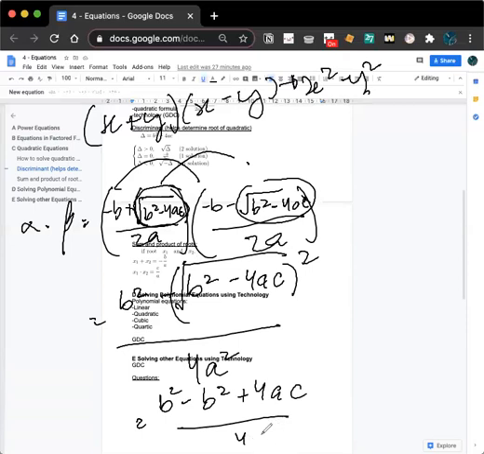Wait, 4a squared, and this goes away. This also goes away, and then this also goes away, and then you get c over a.